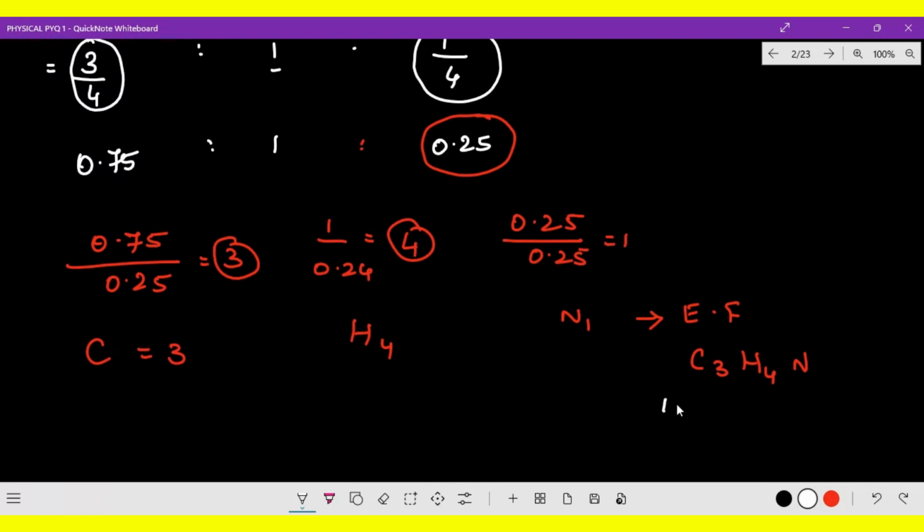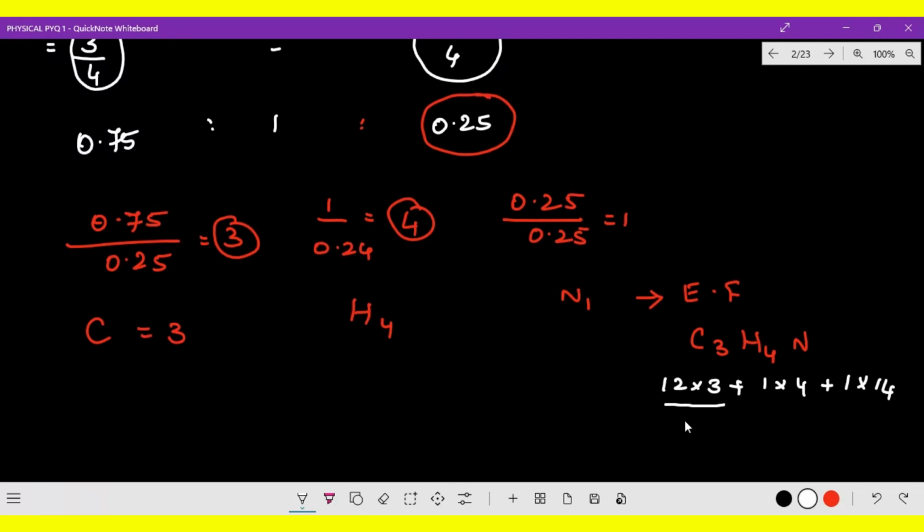Carbon atomic mass is 12, so 12 into 3 plus 1 into 4 plus 1 into 14. 3 twelves are 36, plus 4, and this is 14. So altogether you are getting 54. So the empirical formula mass is 54.